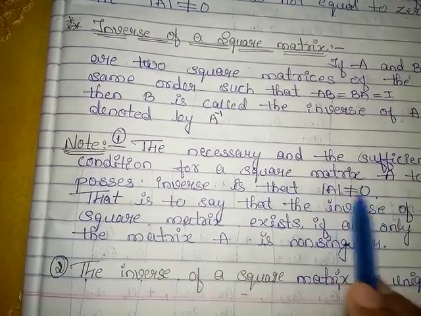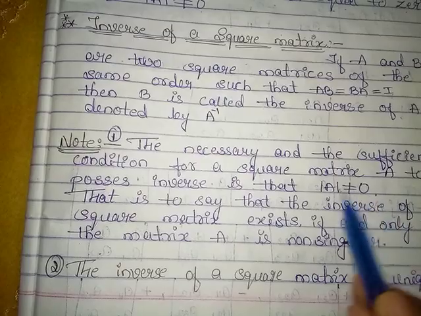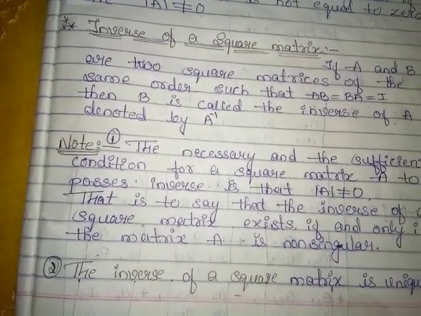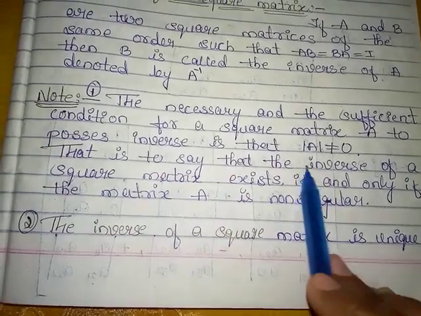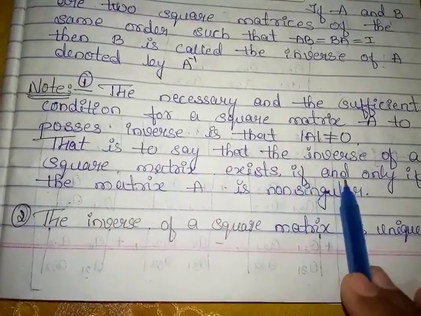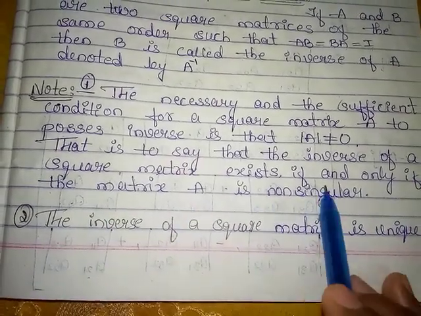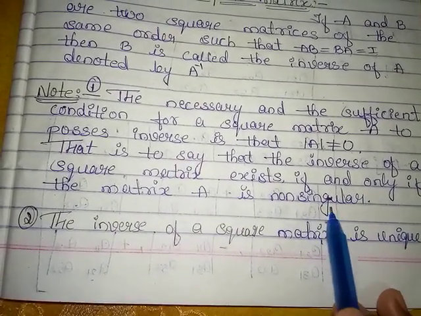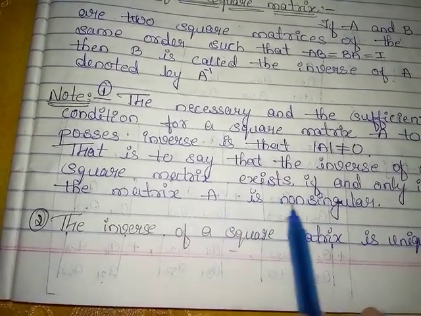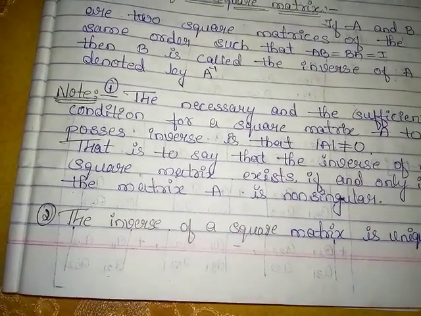If the determinant of that matrix is equal to 0, we can't get the inverse of that matrix. That is to say that the inverse of a square matrix exists if and only if the matrix A is non-singular.